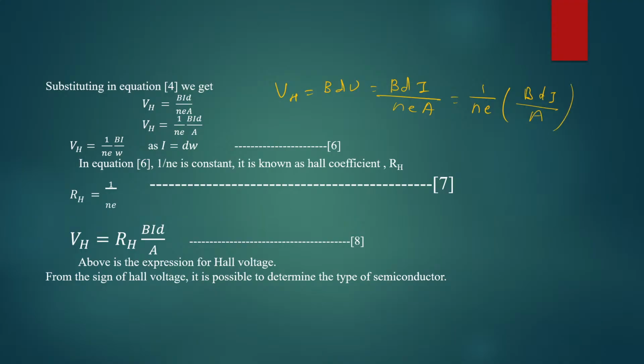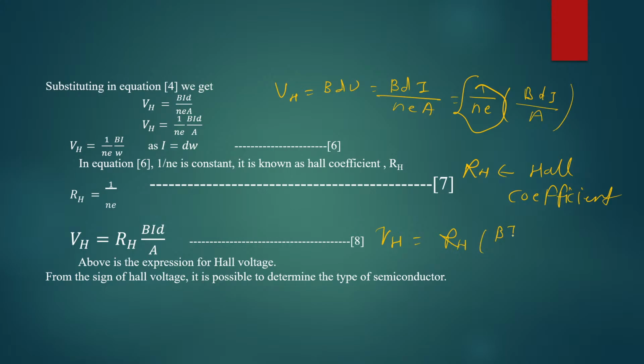In that case, 1 upon n e is now our R_H, which is the Hall coefficient, and that is enough for the equation. We write it as V_H is equal to R_H B I D by A, and this is your final equation for Hall voltage.